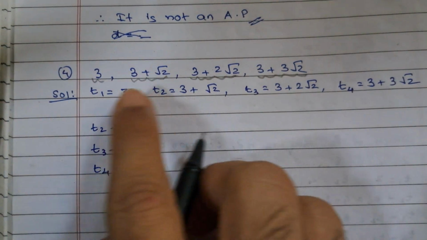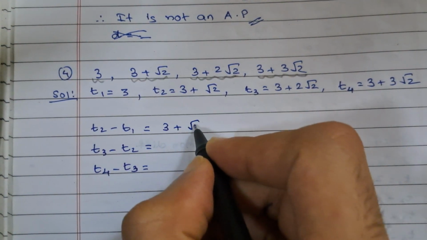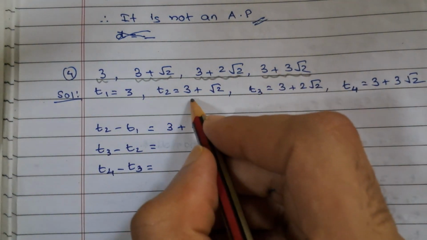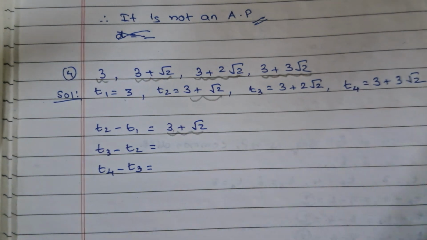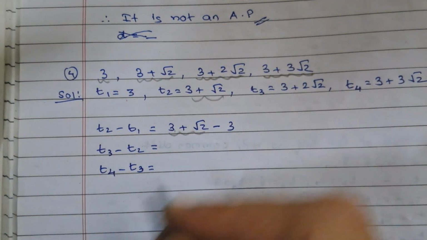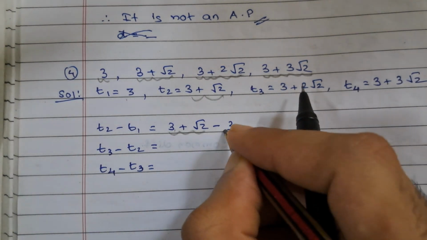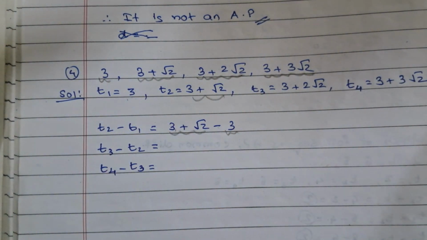So first of all, T2 minus T1, isn't it? So I will do a subtraction of 3 plus root 2. I will just write this number first. Then the next number, 3 over here. And then what I need to do? A subtraction. Okay, so simple as that. What we did is, first I wrote this one, then I wrote this one, then I put a subtraction in between.